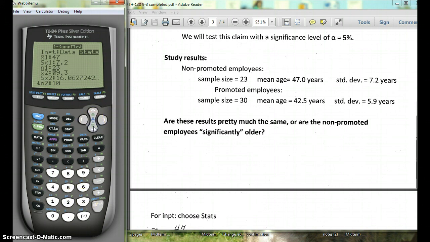And for our second population, our mean is 42.5. Our standard deviation is 5.9, and our sample size is 30. Okay, and remember we were claiming that for the ones who weren't promoted, mu1 is greater than mu2, so we'll leave it there. Okay, and we'll hit calculate.